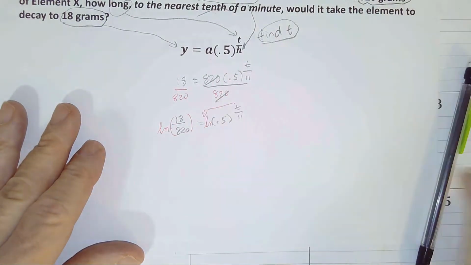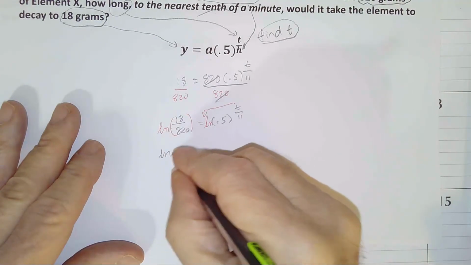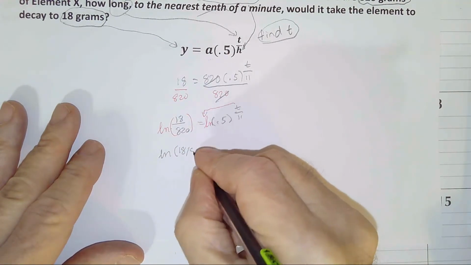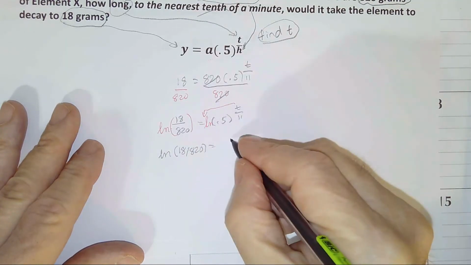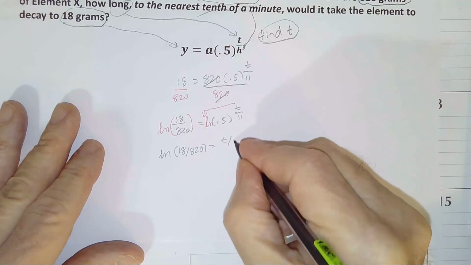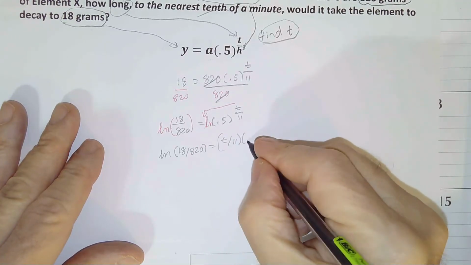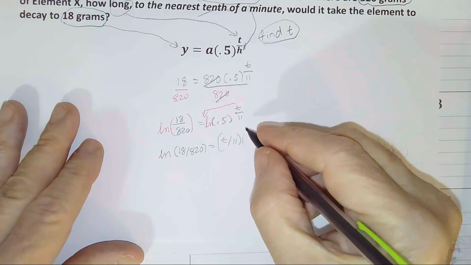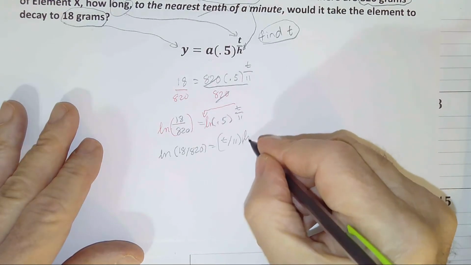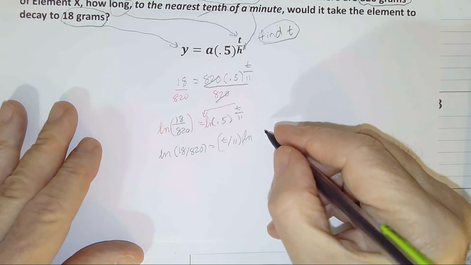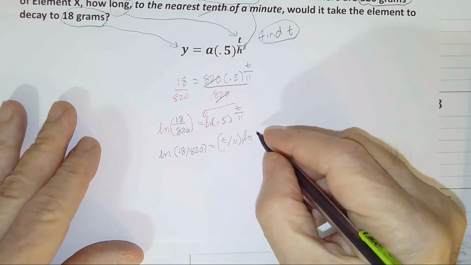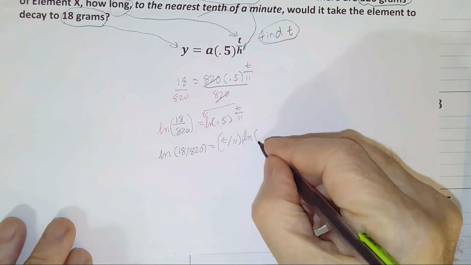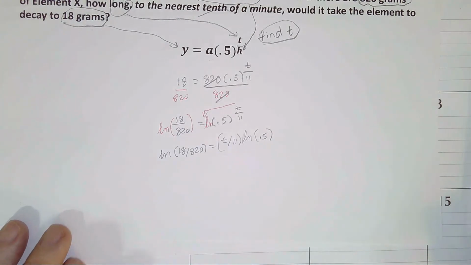So we're going to rewrite this as the natural log of 18 divided by 820 equals t divided by 11 times the natural log of 0.5.